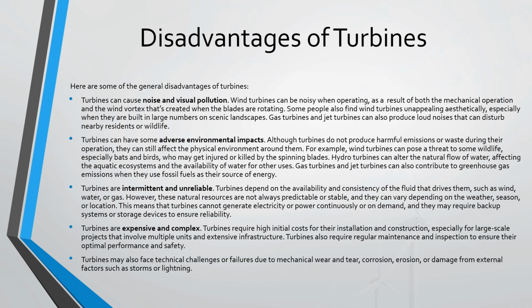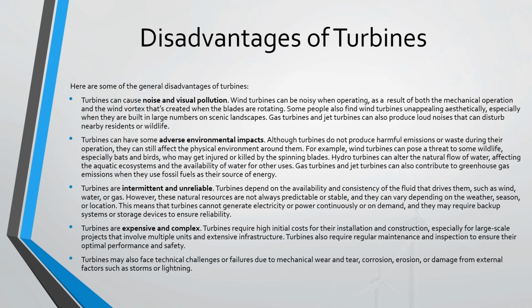Turbines can have some adverse environmental impacts. Although turbines do not produce harmful emissions or waste during their operation, they can still affect the physical environment around them. For example, wind turbines can pose a threat to some wildlife, especially bats and birds, who may get injured or killed by the spinning blades.